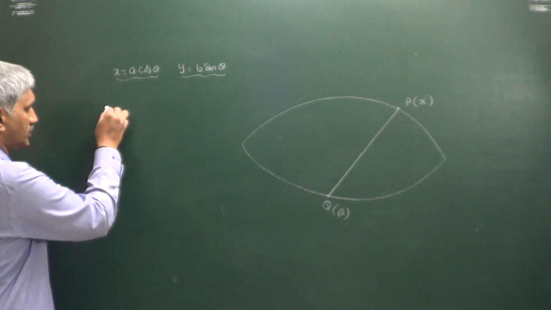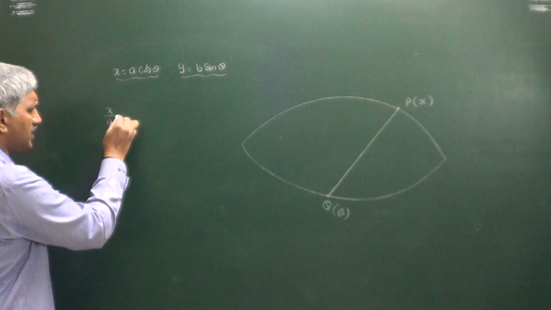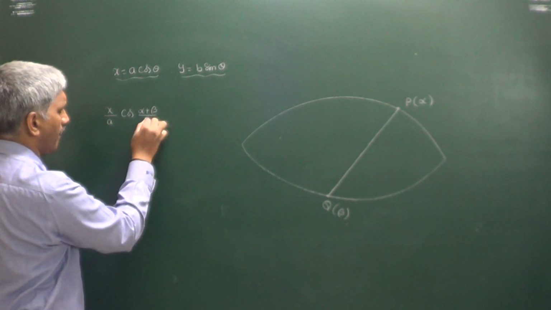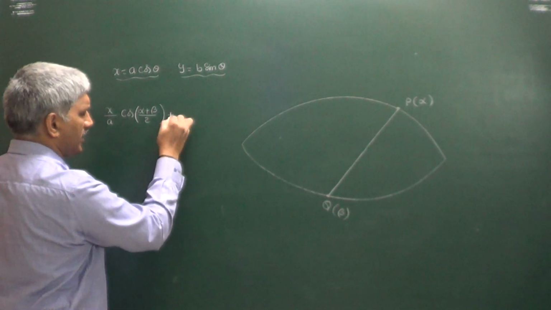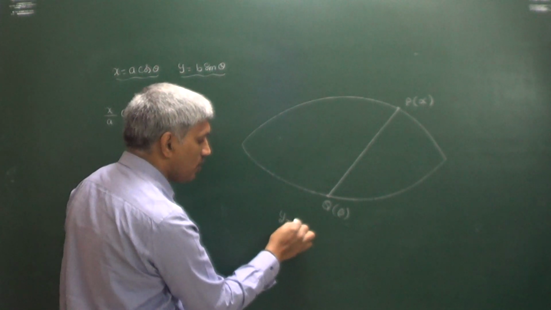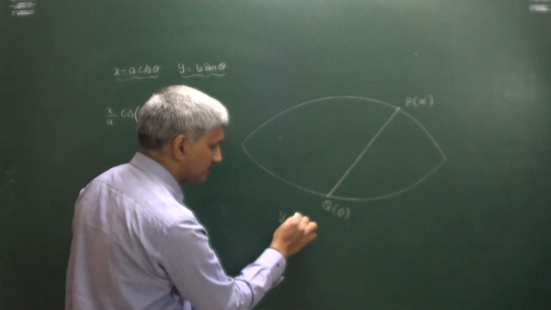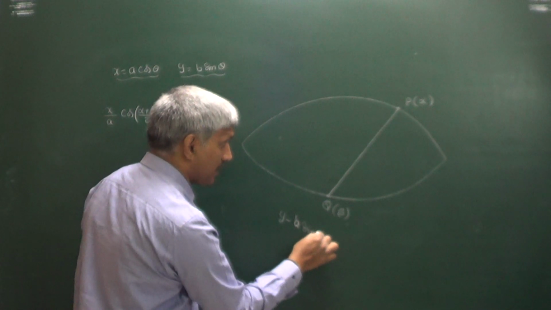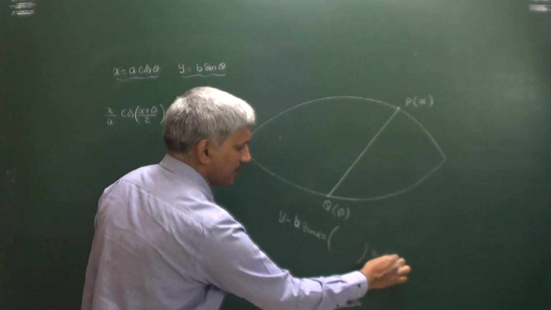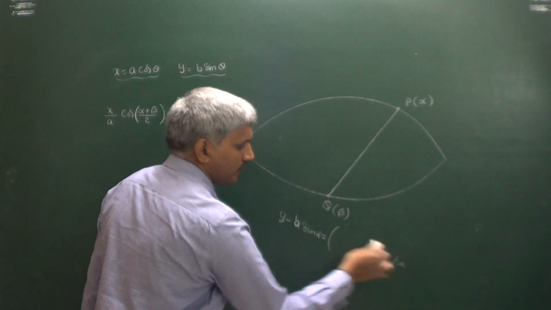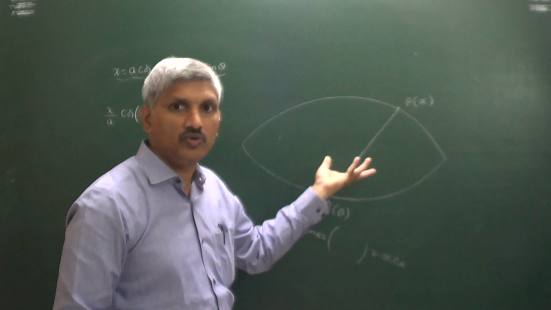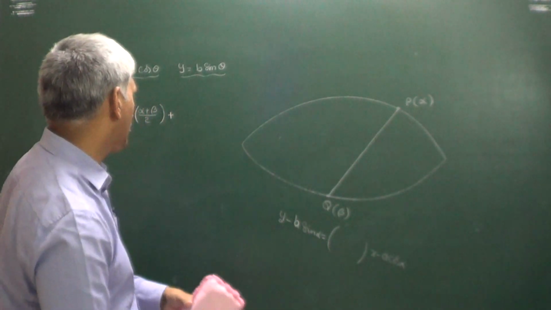You will get the line equation in this form: x by a into cos alpha plus beta by 2. You can apply S1 plus S2 is equal to S12, or otherwise you can apply this one also, y minus y1 is equal to slope into x minus x1. So whether you proceed like this or with S1 plus S2 is equal to S12, you will get the equation of the chord.